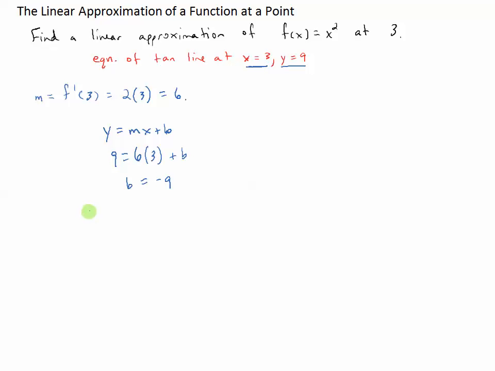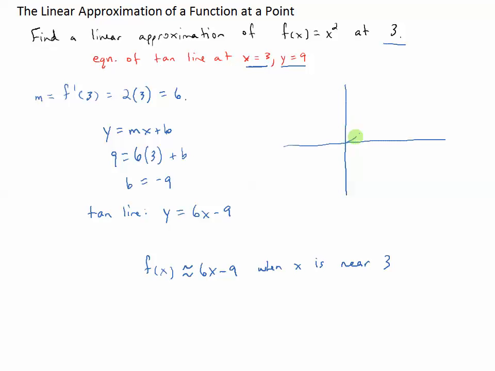So the equation of the tangent line is y equals 6x minus 9. And the neat thing is, the original function f of x is approximately equal to 6x minus 9 when x is near 3, the original value.